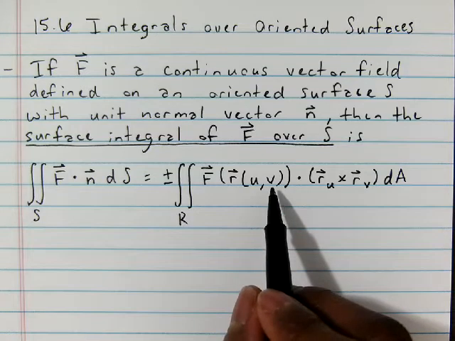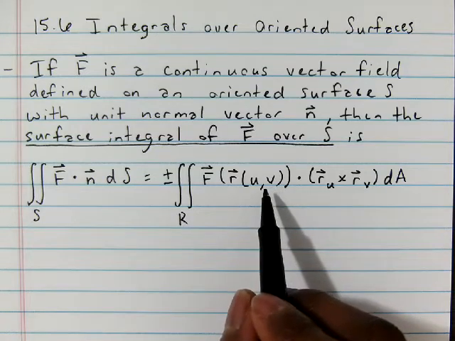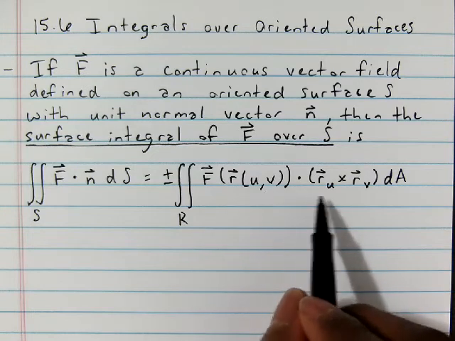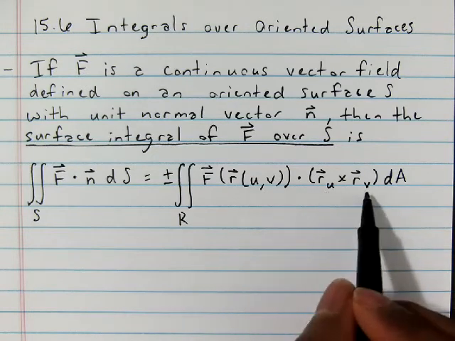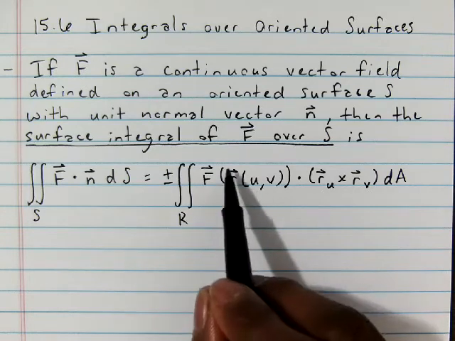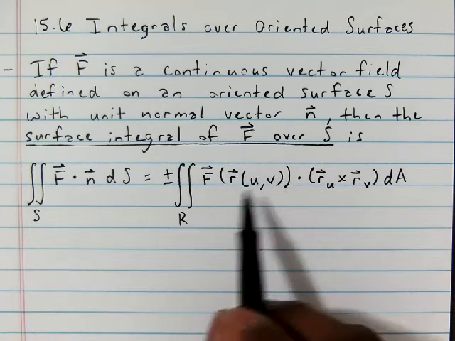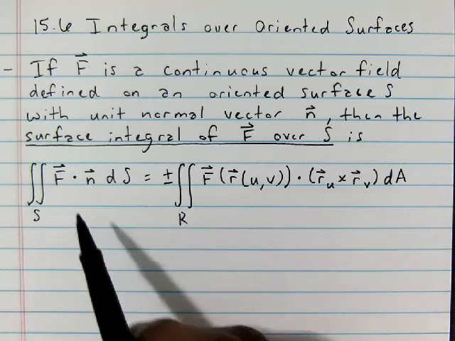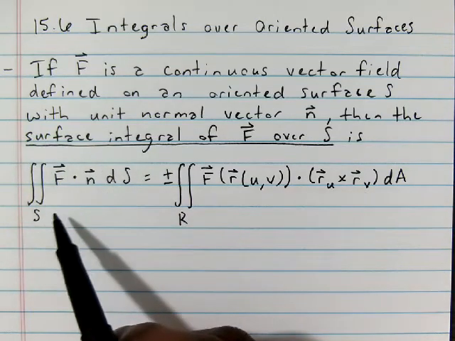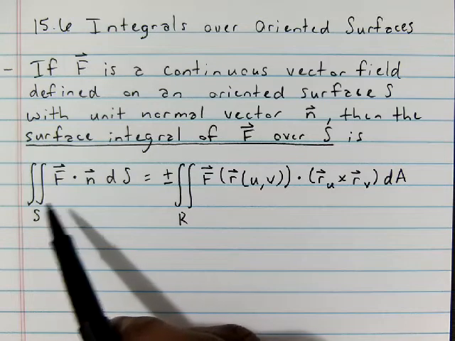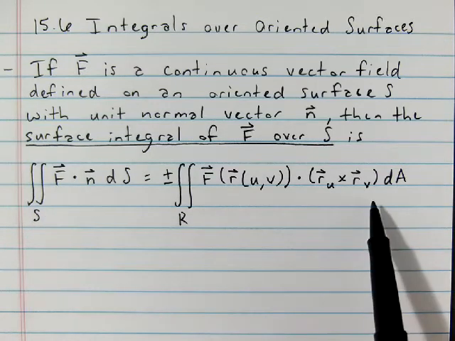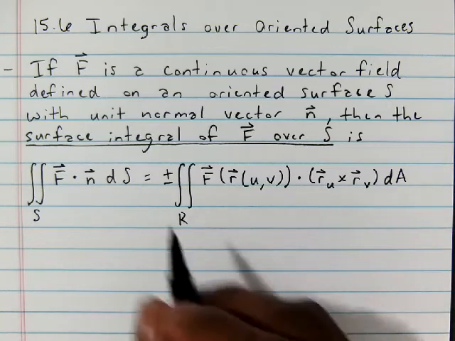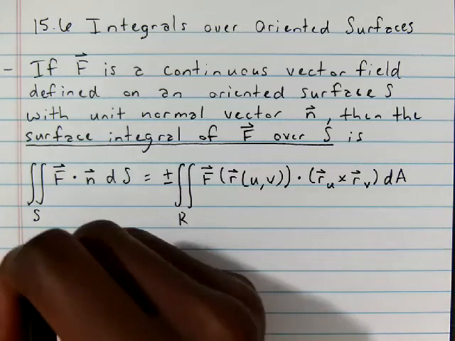So that's why you want to be careful, because your surface is going to have infinitely many normal vectors, but you have to make sure that you computed that normal vector based upon whatever parameterization you used. If this doesn't match that, your answer is going to come out wrong in your problem. So you don't really want to try to use this approach to compute. That's just a notational thing. Always use this over here to compute. All right, and so this is our shorthand notation, and I'll talk about how we determine the plus or minus as well.